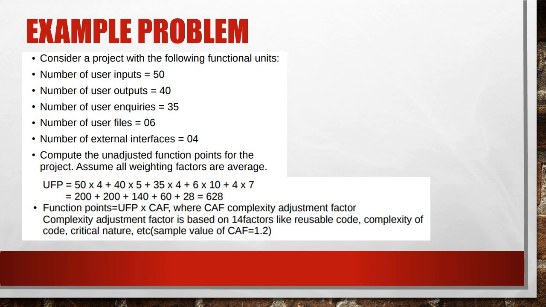So based on the given CAF value, the actual function points can be computed. I hope now you are more clear with the counting of function points. Let us do one more problem for better clarity.